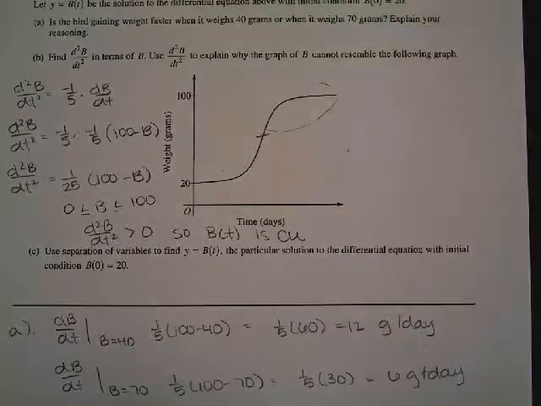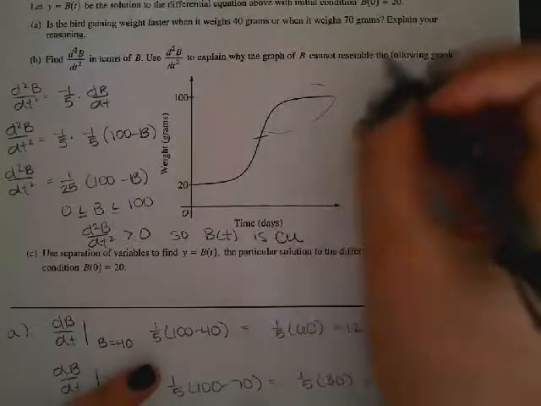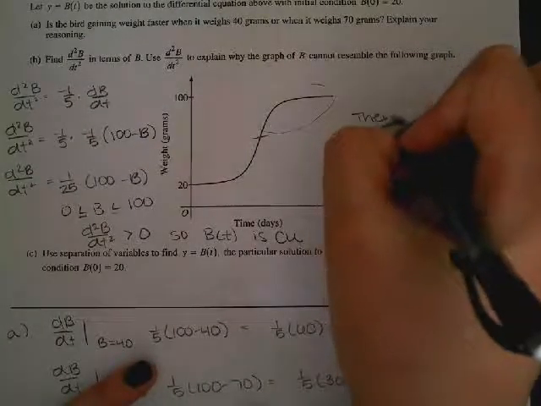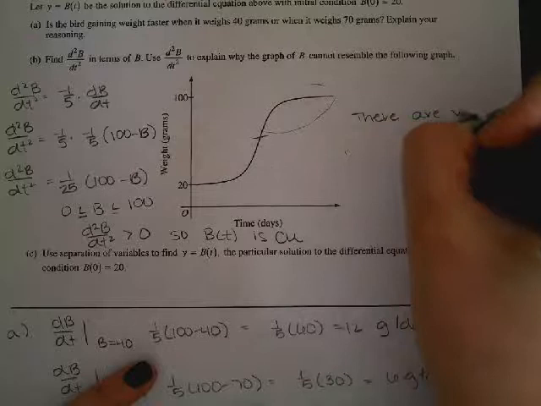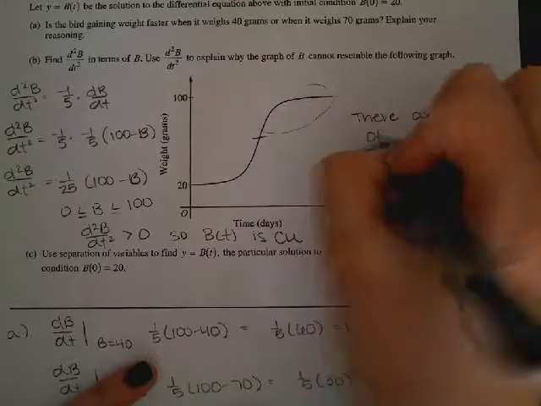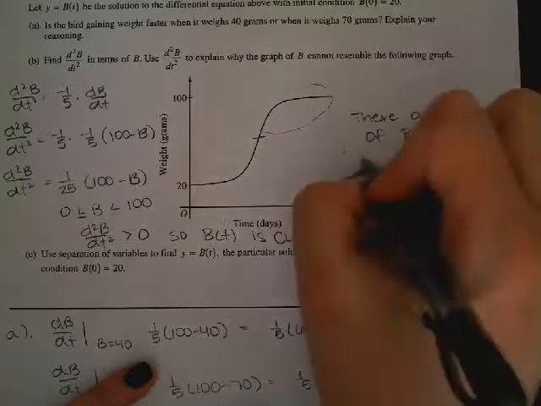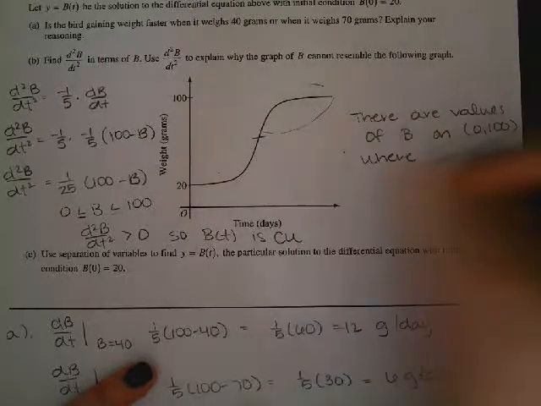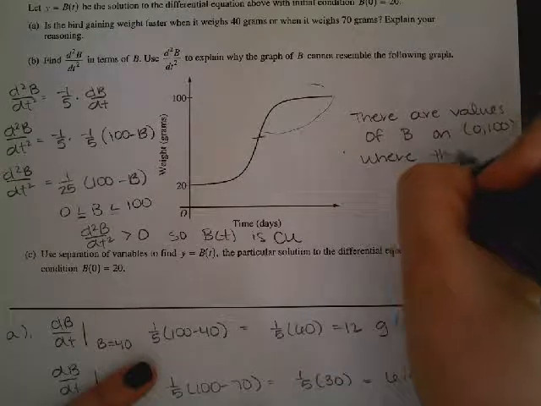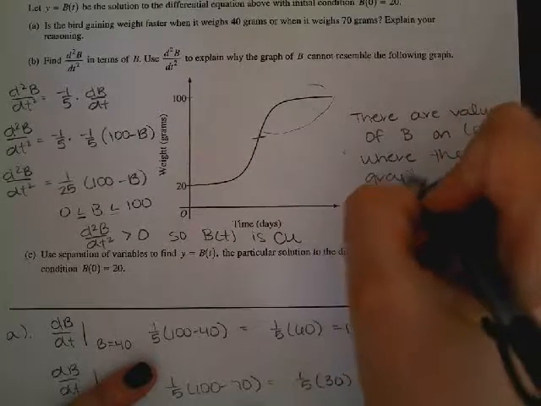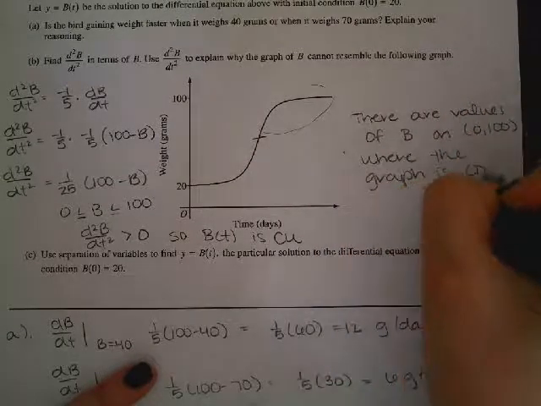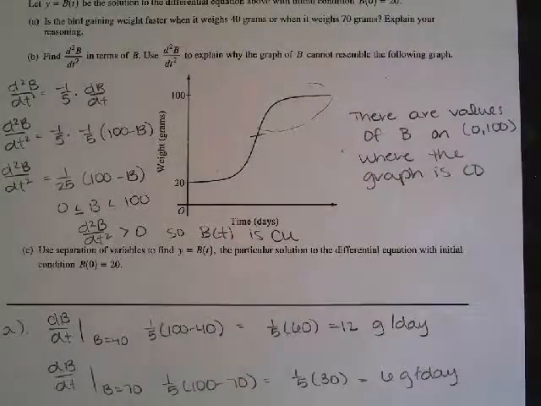So there are values of B on 0 to 100 where the graph is concave down, and that's what makes it wrong.